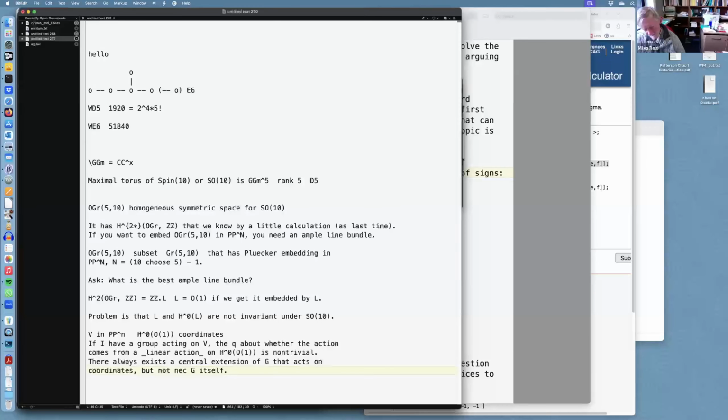Yes, so this happens everywhere. I mean, this is the problem of linearization.